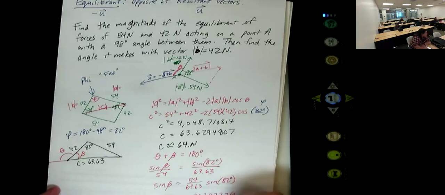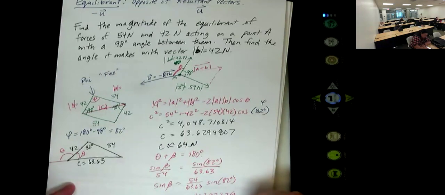Which means beta equals sine inverse of that, 57.2 degrees.